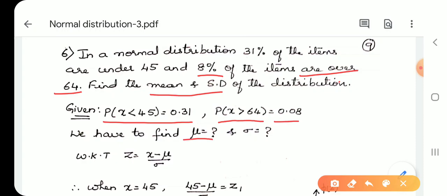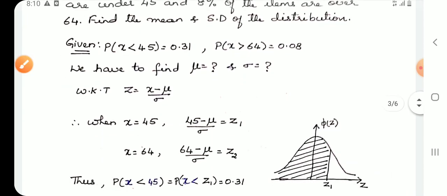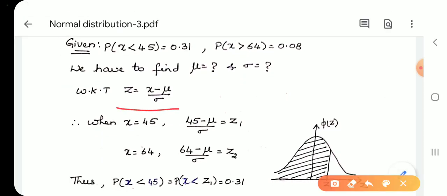So here our intention is to find the mean and standard deviation. That means we have to find mu and sigma. Again we will consider the formula for the standard normal variate, that is z is equal to x minus mu by sigma. So till now whenever x was given, we were finding the corresponding z. But here since we don't know mu and sigma, we cannot find the corresponding z.